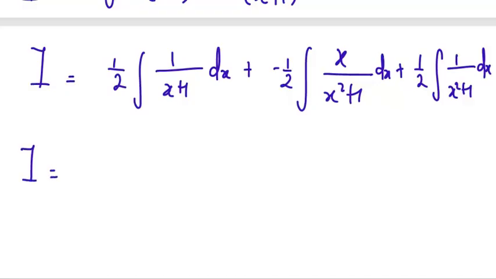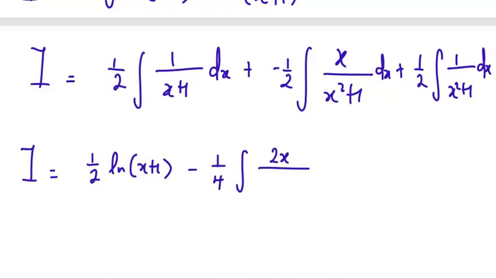So here it is easy enough that this is 1 by 2 ln of x plus 1, right? And here negative 1 by 4. If you do that, we're going to have 2x up here, then divided by x squared plus 1 dx. You get the idea? Because 2 divided by 4 will give us 1 over 2.